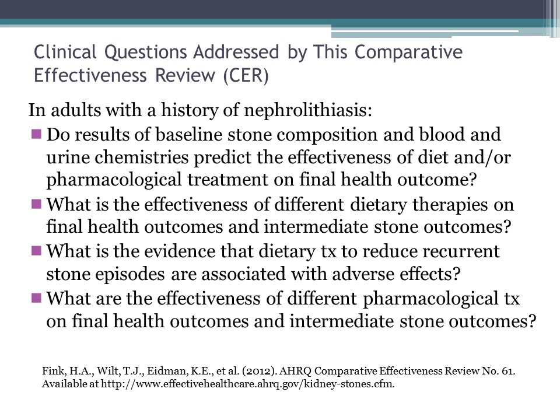Another question was the effectiveness of different dietary therapies on final health outcomes and intermediate stone outcomes. One of the other questions was the evidence that dietary treatments to reduce stone episodes are associated with any adverse effects themselves, and what are the effectiveness of different pharmacological treatments on final health outcomes and stone outcomes.